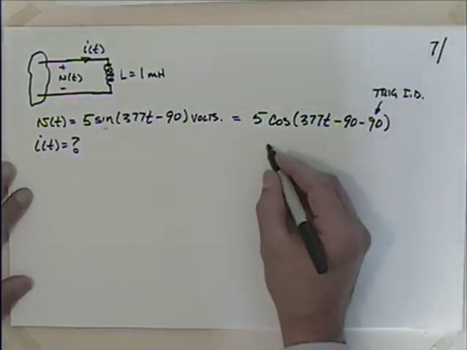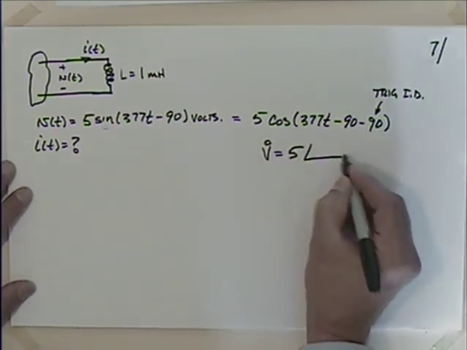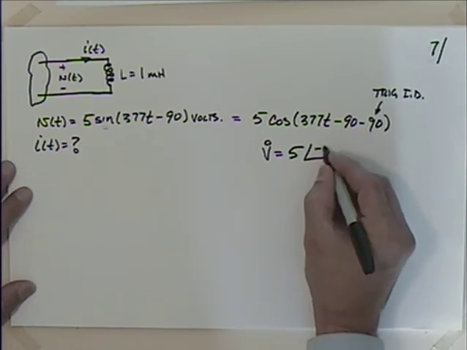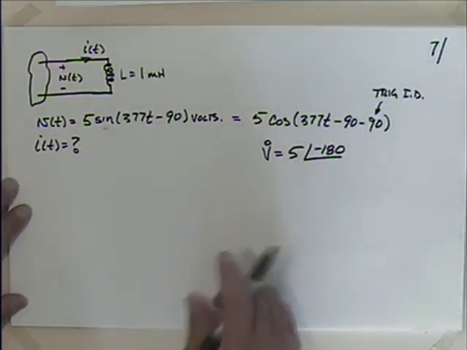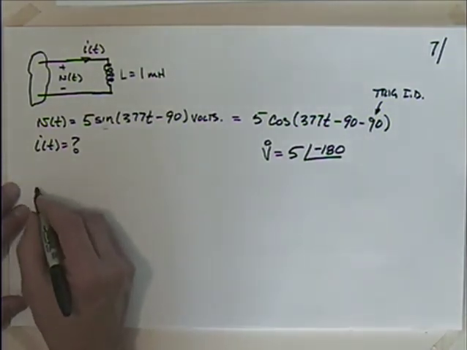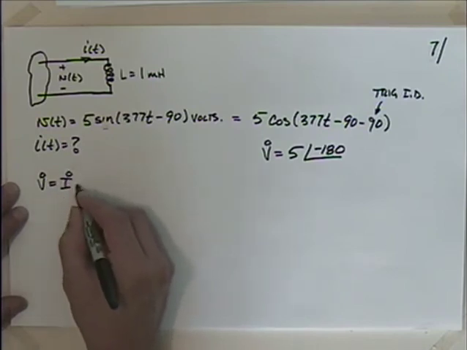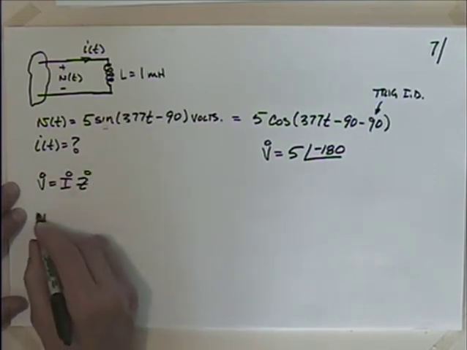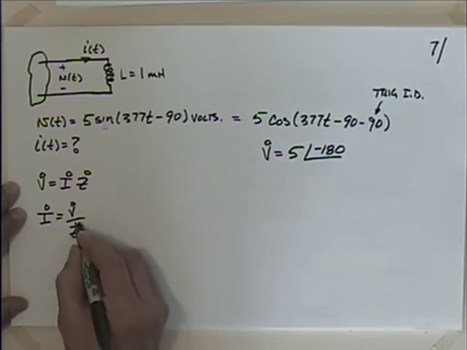So if I put the voltage in phasor form, I have a magnitude of 5 at what? Minus 180. So again, I go back and I look at phasor voltage V is equal to phasor current I times the impedance Z, or that I is equal to voltage V divided by impedance Z, right?